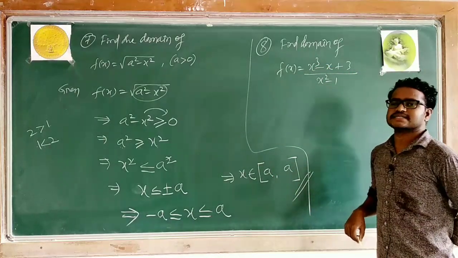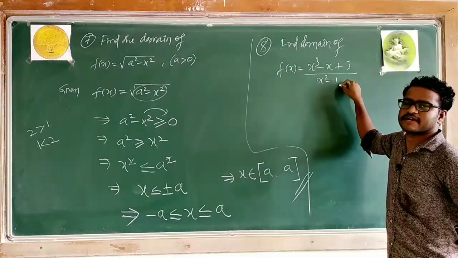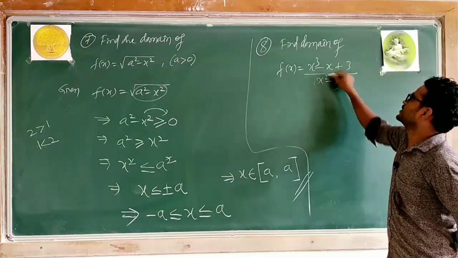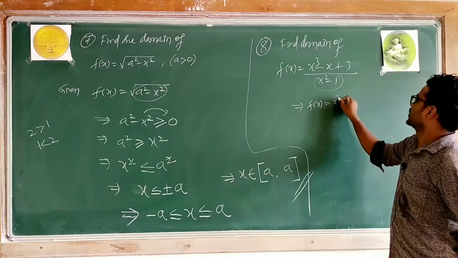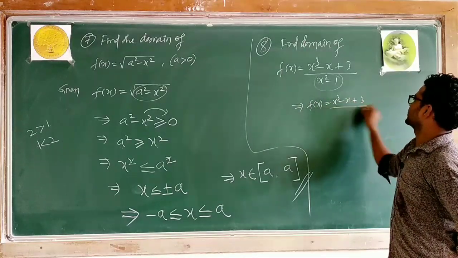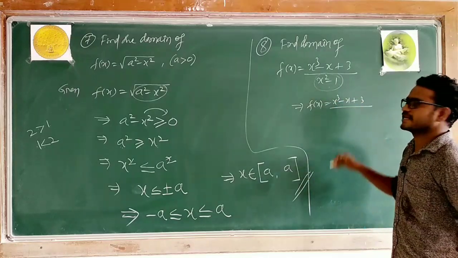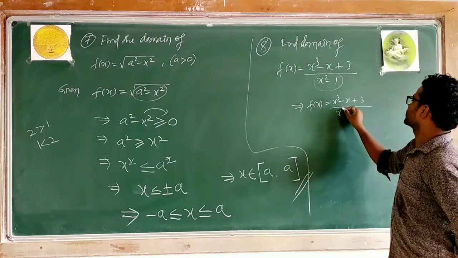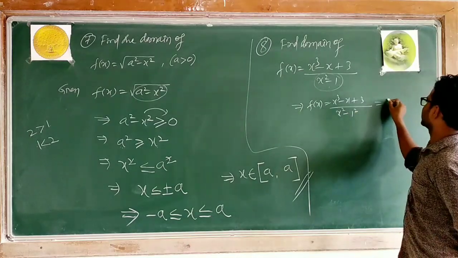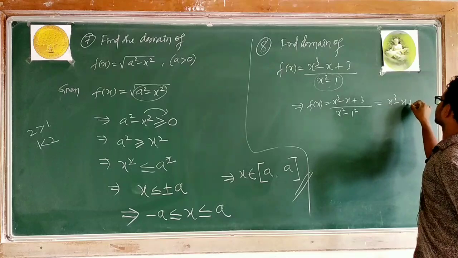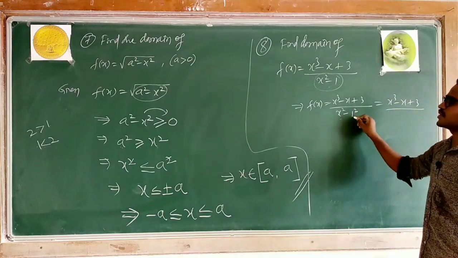You know in the previous class I said, in the case of a rational function, the denominator should avoid 0. It implies f of x is equal to x cube minus x plus 3 divided by x square minus 1, and x square minus 1 can be written as x square minus 1 square, because 1 square is always 1. So it is of the form a square minus b square.